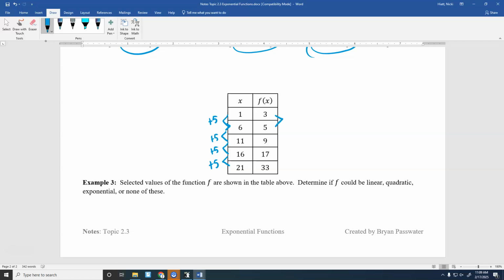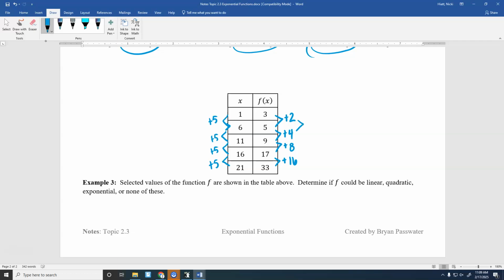So here, from 3 to 5, that goes up by 2, and then up by 4, and then up by 8, and then up by, let's see, 16. Okay, now it's definitely not linear because we don't see that being a constant term.